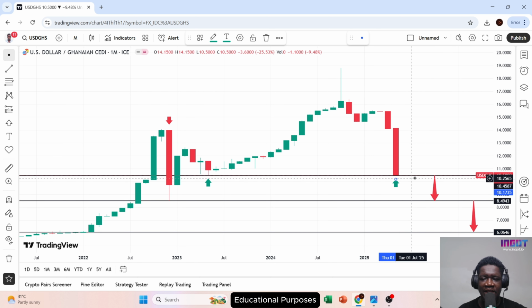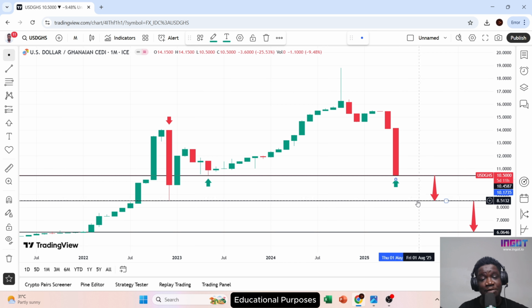You get it. Currently the Ghana Cedi against the dollar is hovering around 10.5, and that is the support. If that support is broken, then the dollar will keep depreciating and the Ghana Cedi will appreciate, with high chances of it appreciating to 8.4 Ghana Cedi against 1 USD.